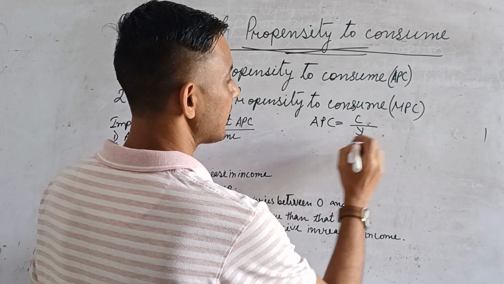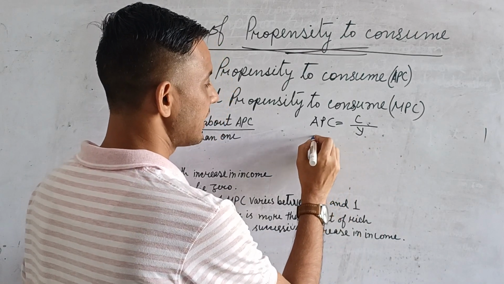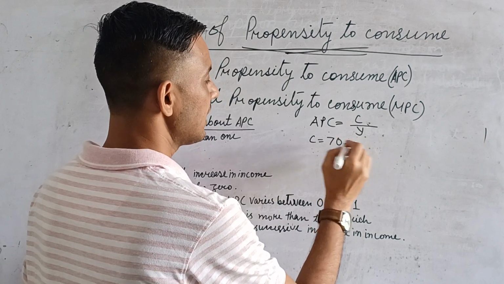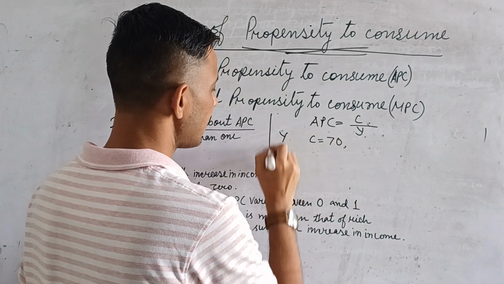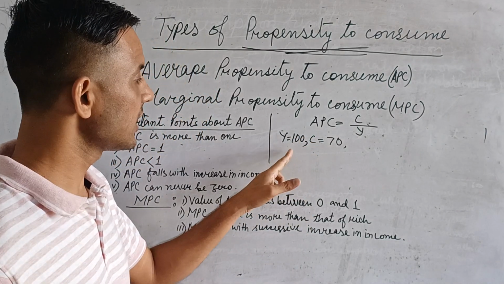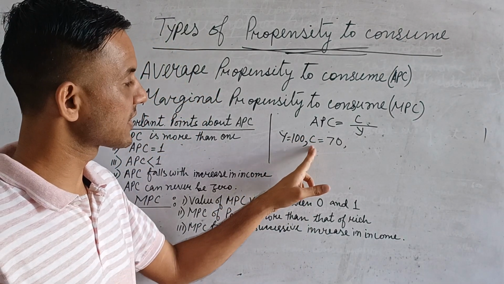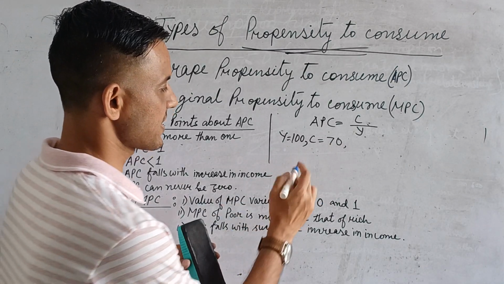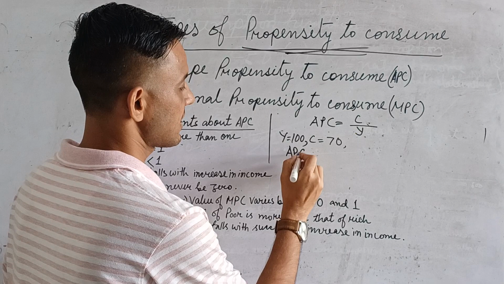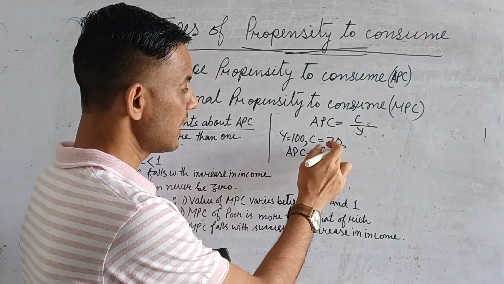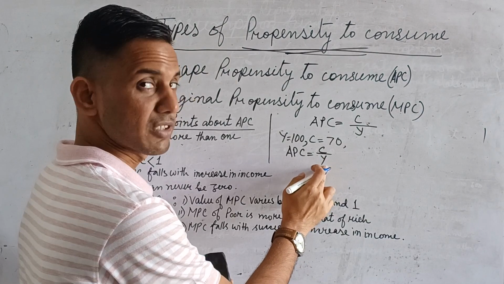For example, suppose C is equal to 70 and suppose your income is 100. Your income is 100 and consumption is 70. Then what is the APC? APC is equal to C by Y. C for consumption and Y for income, national income.